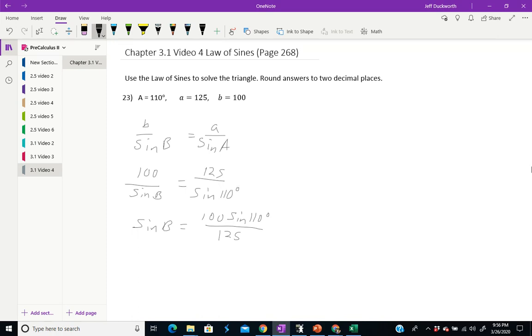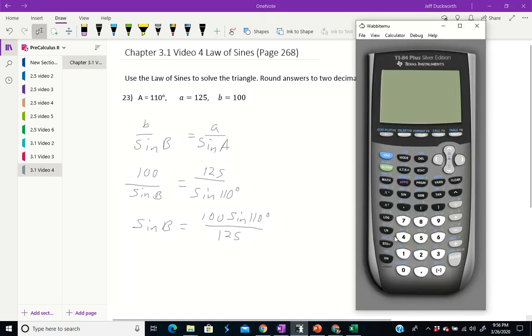All right, so let's put that into a calculator. First I'll do the sine of 110 degrees, multiply that by 100 and divide by 125.